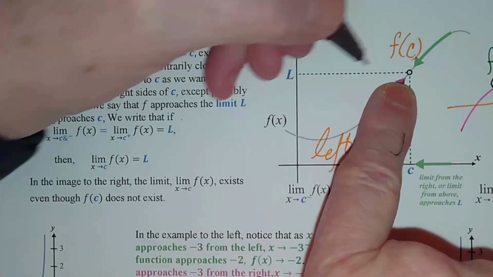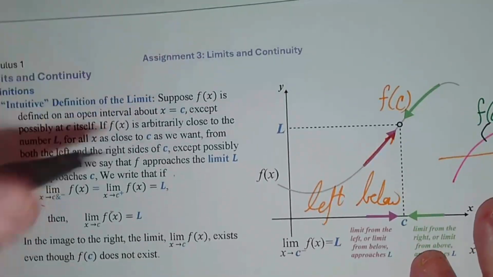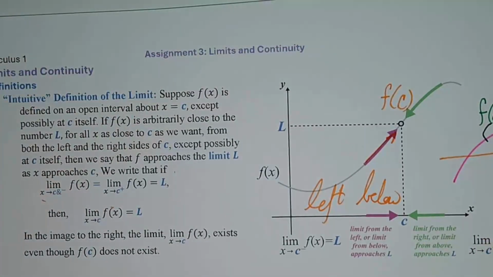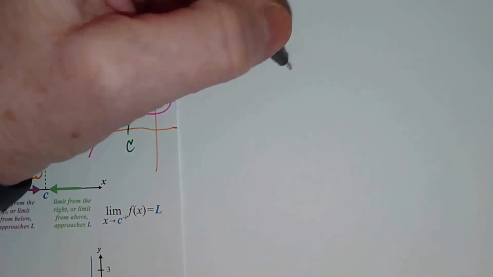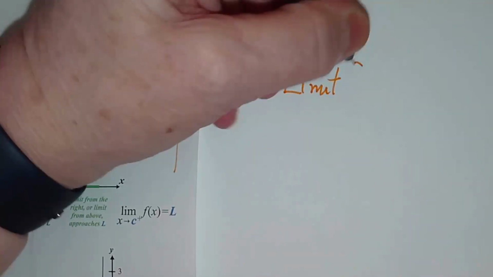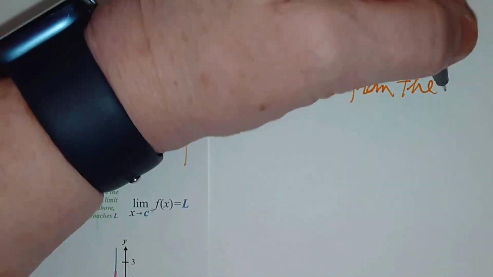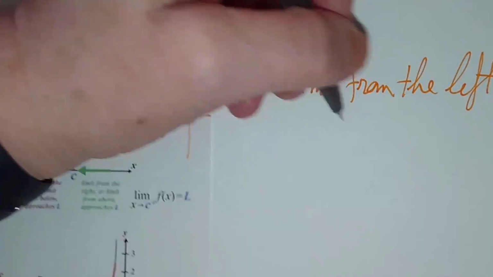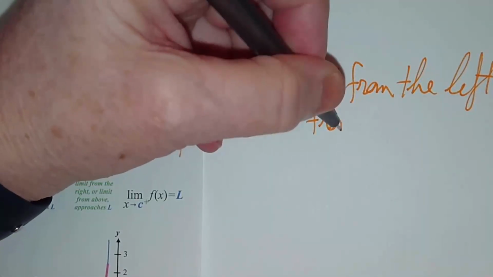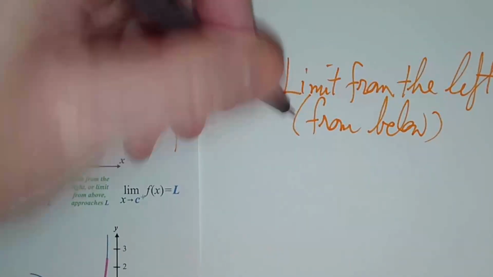So the value of the limit from the left, and we use this notation. Let me write it in a bigger page. So the limit from the left or from below uses the notation minus.